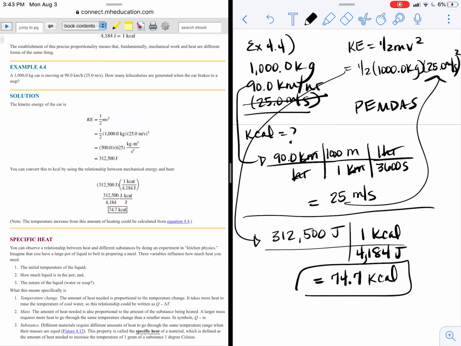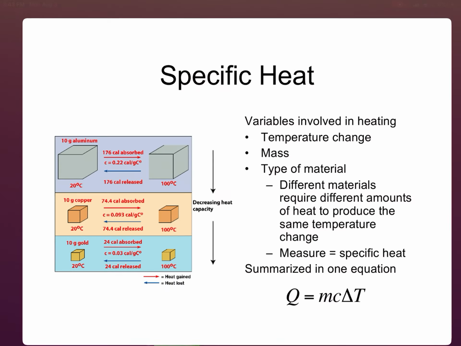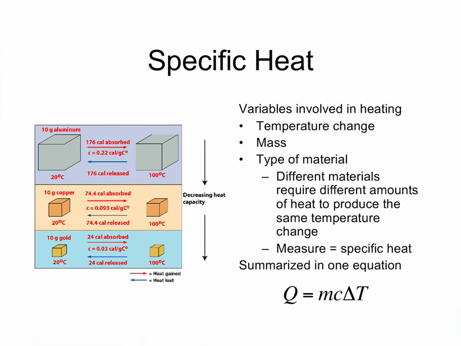So let me talk a little bit about specific heat, and then I'll probably have to start another video before we can get into too much more of the heat examples, but I'm going to go back over to our PowerPoint here and talk a little bit about specific heat. Specific heat is kind of like density, where it is going to be very specific to the product.